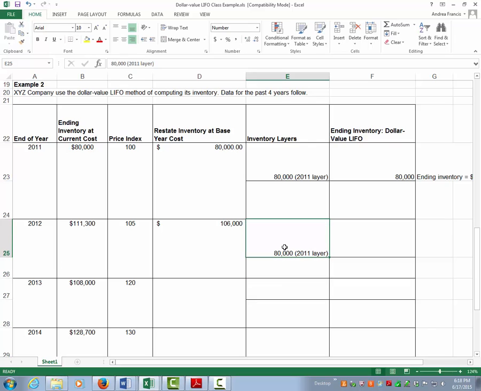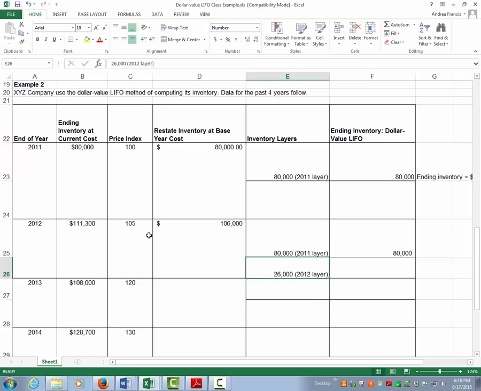It's a 2011 layer of inventory, okay, which will also still be at 80,000 because that's the base year. And then we have 106,000 and 80,000 is accounted for, which must mean that 26,000 is a layer that was created in 2012.